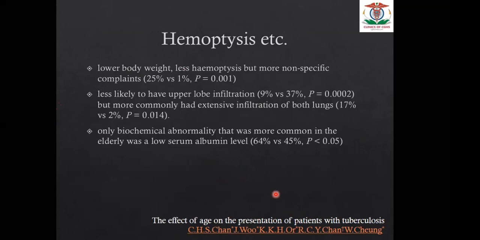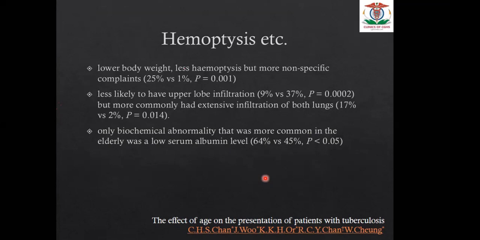So less likely to have upper lobe infiltration. Classical upper lobe infiltration may not be seen many times. So we should be very careful. That's why the advice now is: see an X-ray, any abnormality, suspect TB. First thing to rule out is TB when there is an abnormality. You don't need to have an upper zone. You can't wait for an upper zone infiltrate to suggest to you that it is TB.